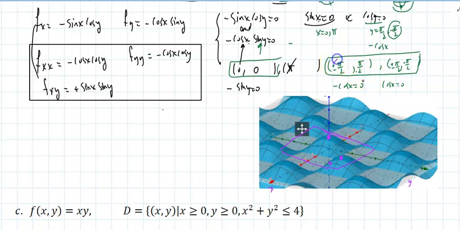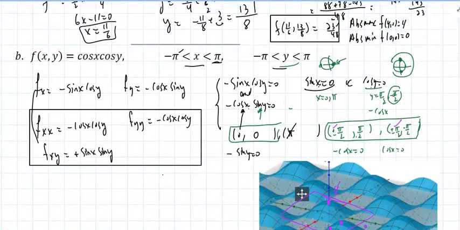And I got negative pi over 2 for x, pi over 2 for y. That's right there. And positive pi over 2 for x, negative for y, that would be this point down here. And in the back, but it's hard to see, there is a minimum as well, it seems.